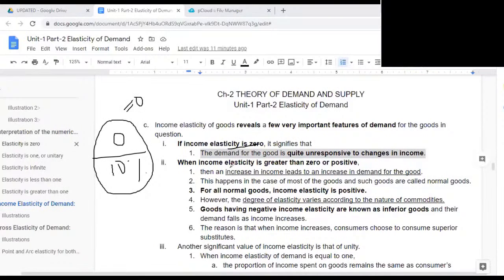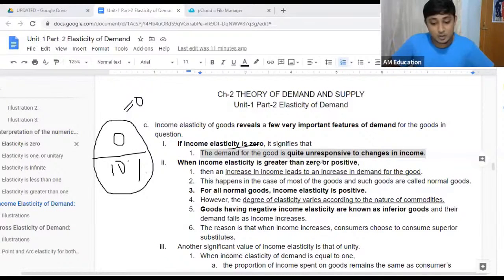Yeah. When income elasticity is greater than zero or positive, when will it be greater than zero? When will a fraction be greater than zero or positive? See, 1 by 2 is positive or not? 2 by 1 is positive or not? Right? So it should be greater than zero in the sense.